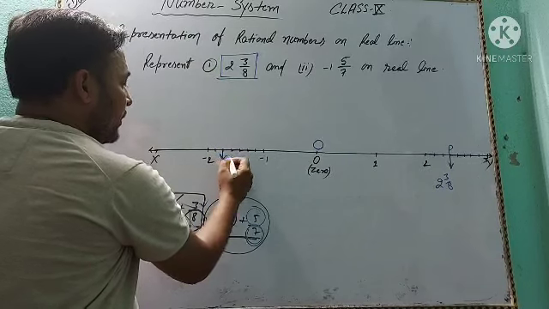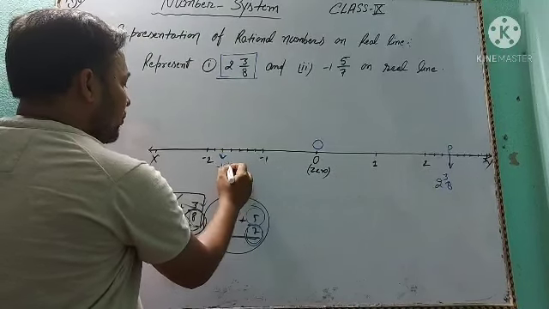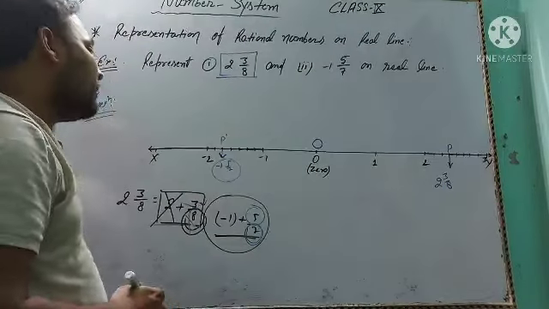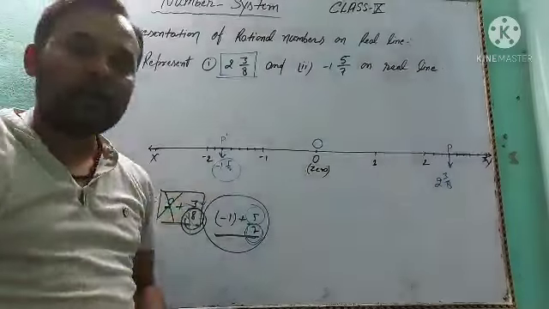This point represents minus 1 upon 5 by 7. This point is P dash. P dash represents the rational number minus 1 upon 5 by 7.